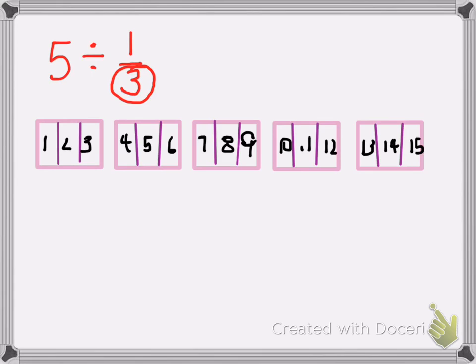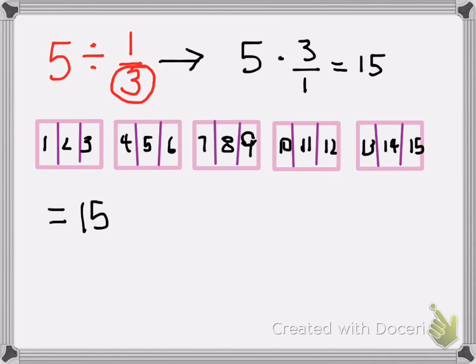There's 15 of these groups of 1/3, so my answer is 15. And let's use the algorithm. We know that we can't divide by fractions, so we multiply by the reciprocal, and 5 times 3 is 15, so we know that the model worked.